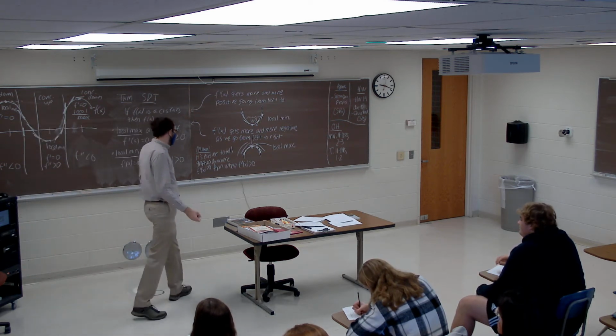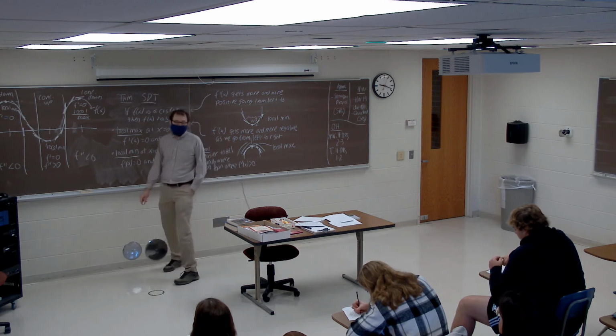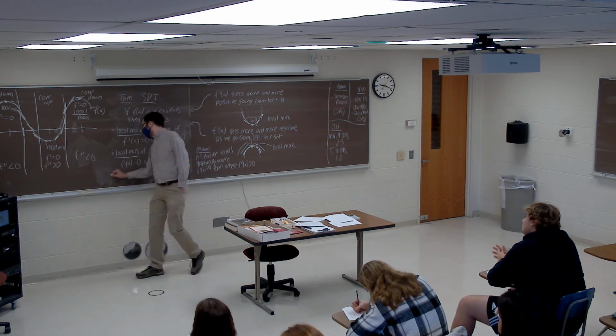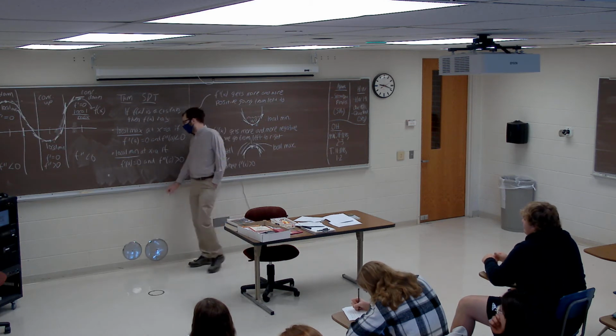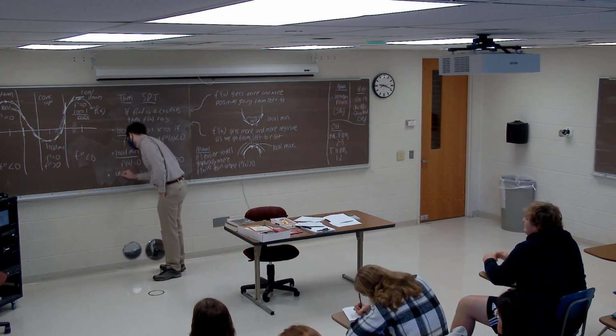And so that's why it does in fact say in the packet that if f prime and f double prime are both 0, it's unknown whether we have a local max or a min at that point.